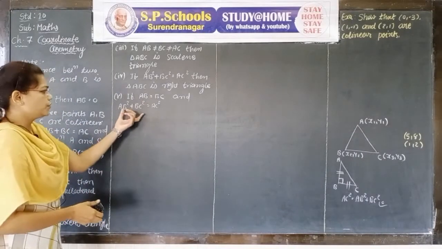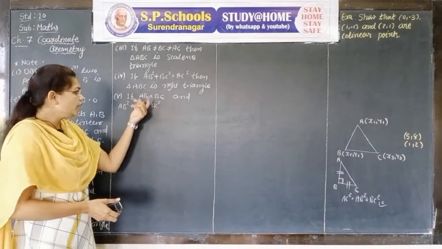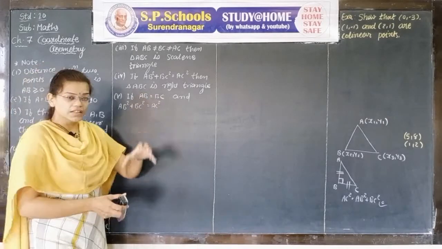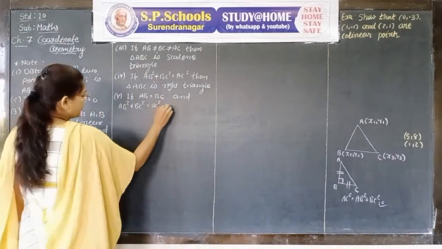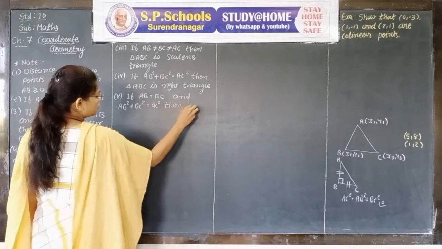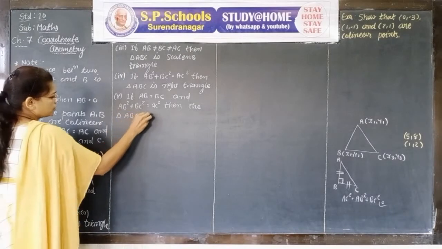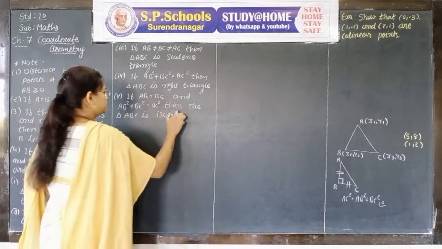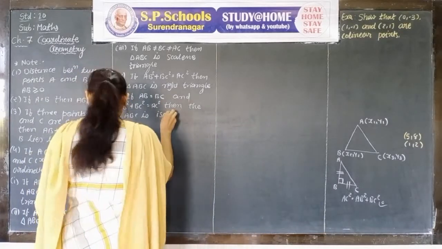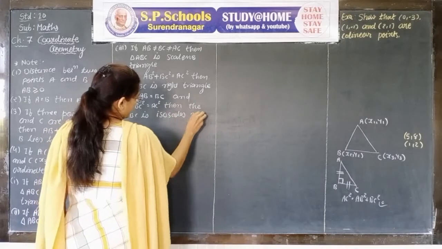In this condition we can't write AC square plus BC square is equal to AB square, because the two equal sides are smaller than the hypotenuse. Then the triangle ABC is an isosceles right triangle.